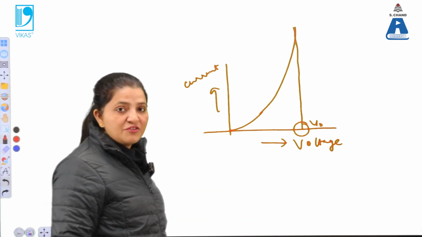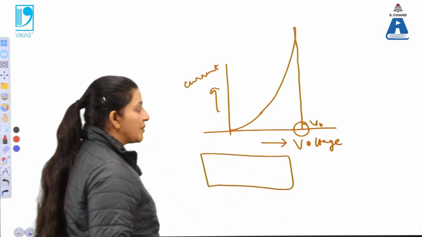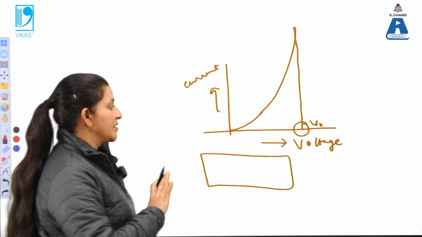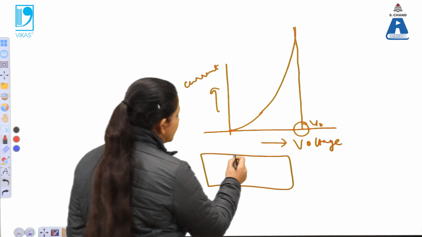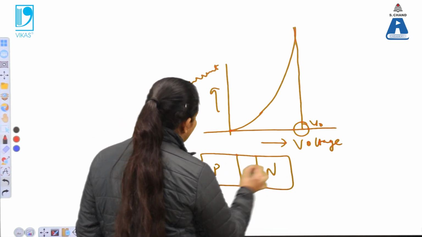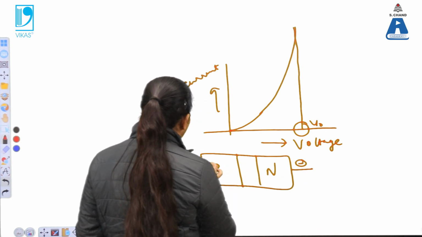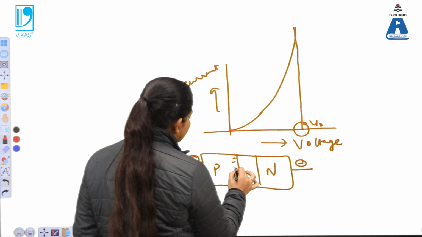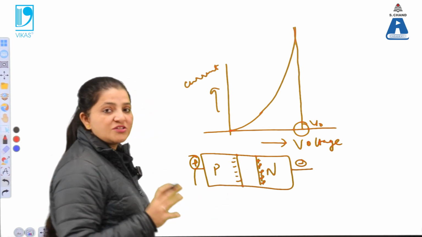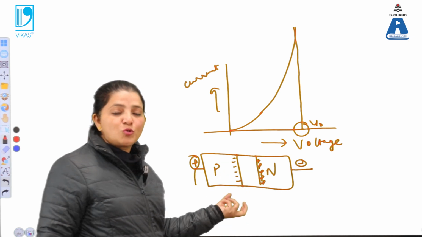Now what will happen at the V0? V0 is a voltage that is known as the breakdown voltage. That exists in the forward biasing and also in the reverse biasing. In the forward biasing, if this is a p-type material and that is an n-type material, it is connected to the positive and that is connected to the negative. When a very large amount of voltage is present, the material cannot withstand that voltage.